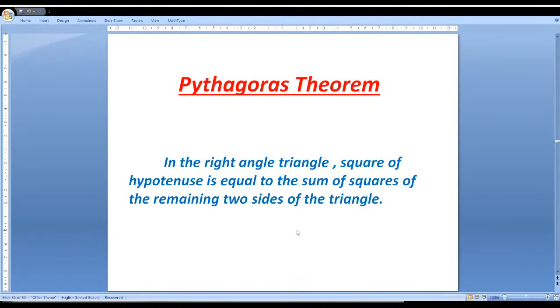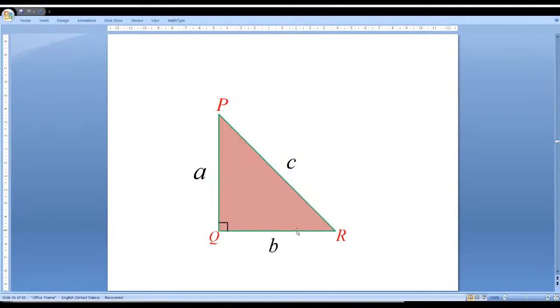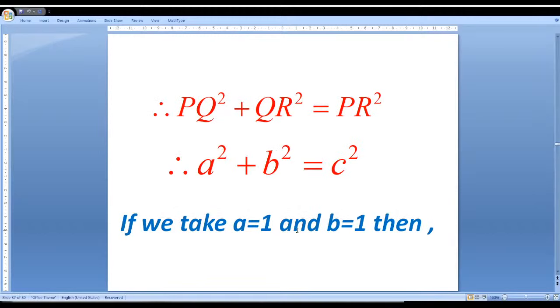Now see here, if we have triangle PQR, with PQ equal to a, QR equal to b, and PR equal to c, then PQ square plus QR square is equal to PR square.